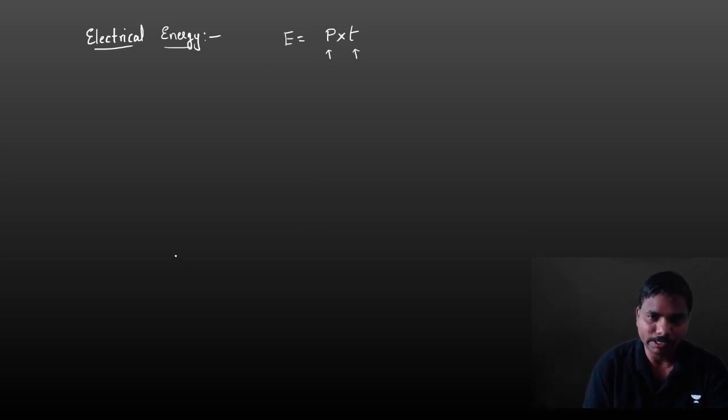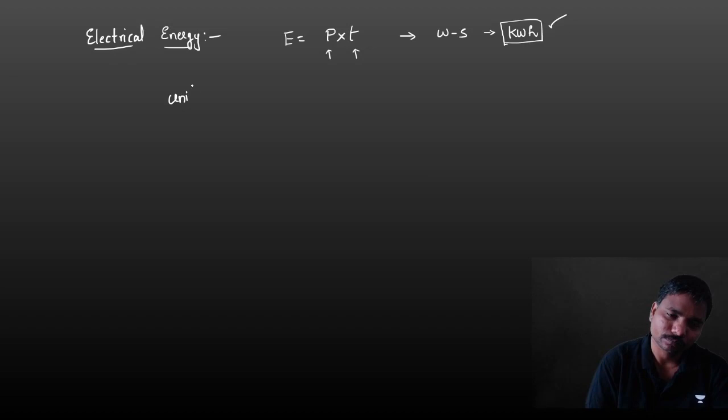Power into time. And the units are watt into second, or kilowatt into hour. So generally we denote it with kilowatt hour. The unit of electrical energy is given in kilowatt hour.